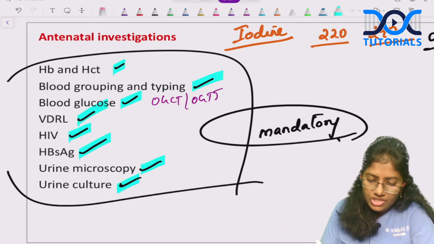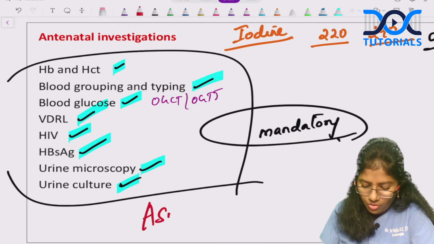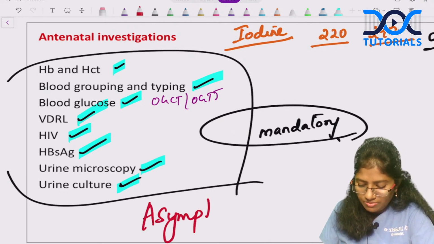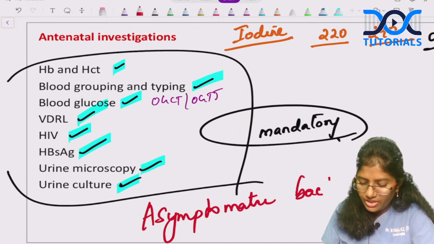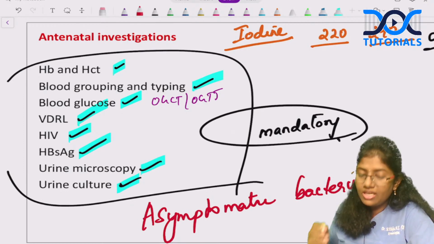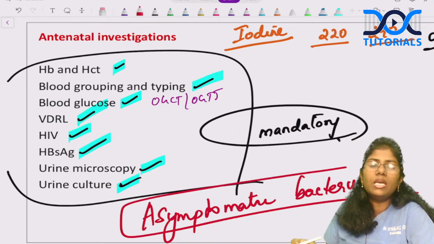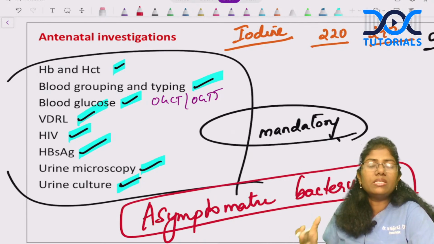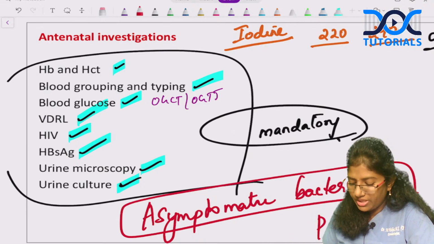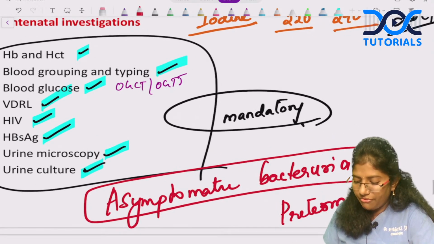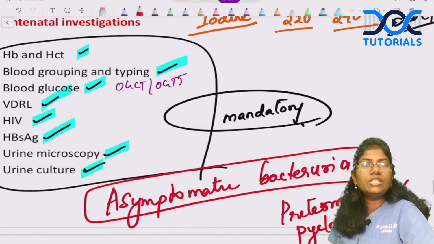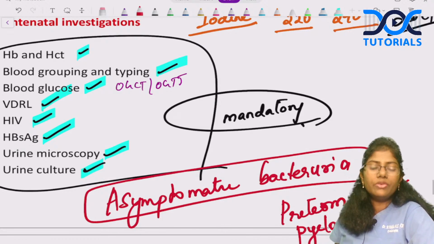Because we have a condition called asymptomatic bacteriuria, and it needs to be treated during pregnancy. Otherwise it can lead to preterm labor and pyelonephritis. So this has to be treated, for which you require urine culture as well.